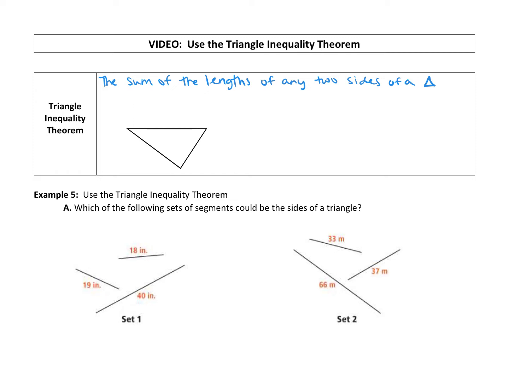So the sum of the lengths of any two sides of a triangle is greater than the length of the third side.